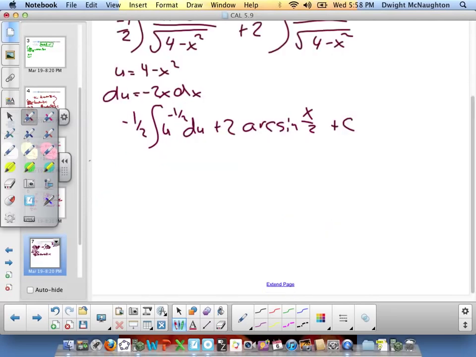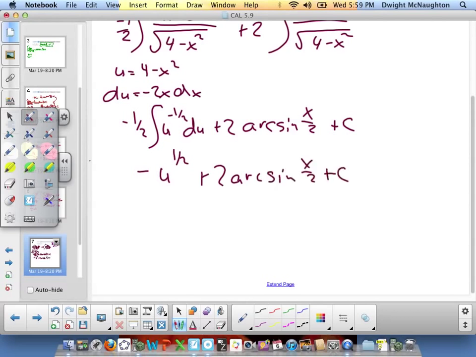All right, we will continue. The antiderivative of u to the 1/2 will power up to +1/2, multiply by the reciprocal, so -1/2 times 2 is -1, plus 2 arcsine of x over 2 plus a constant.